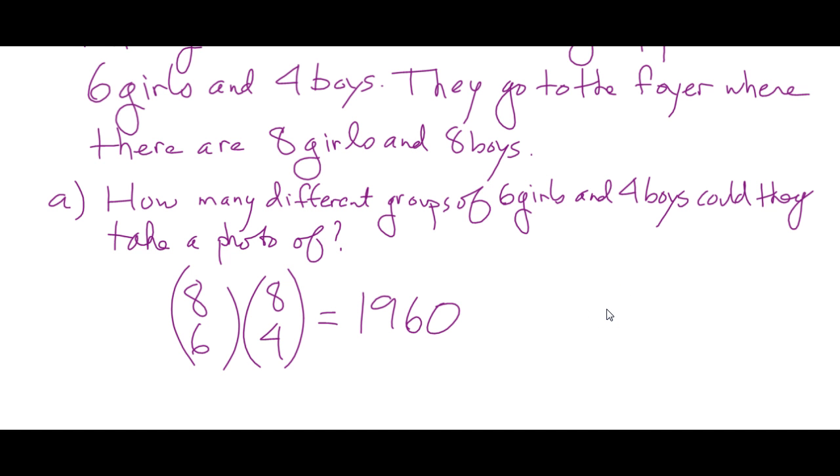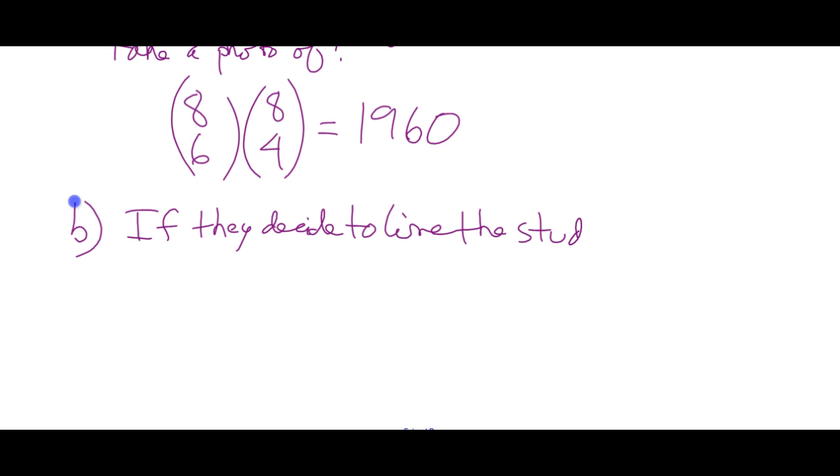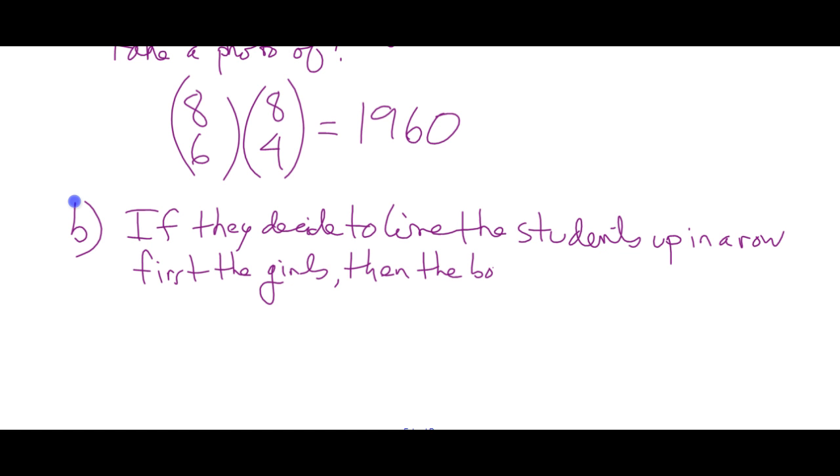Part B, or question B. If they decide to line the students up in a row with the girls first and then the boys. If we line them up in a row, does the order matter?